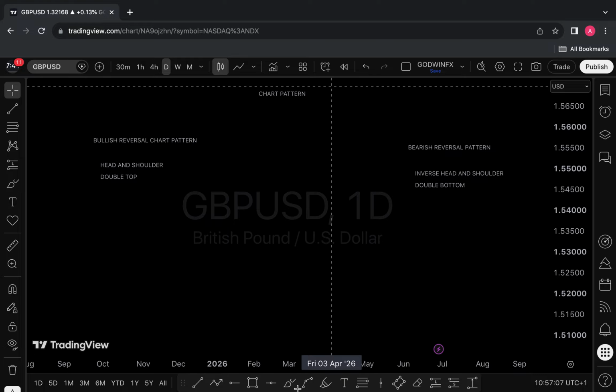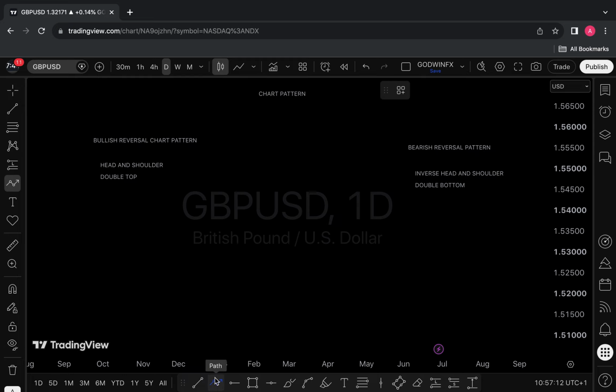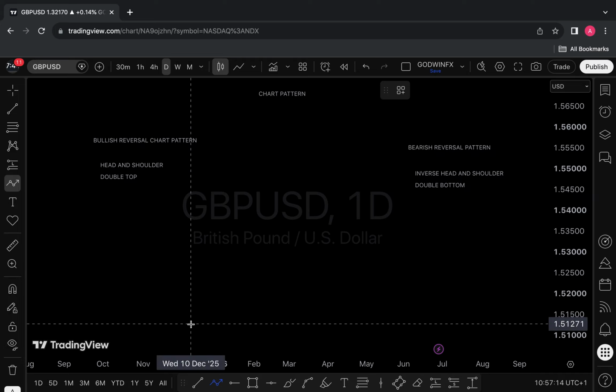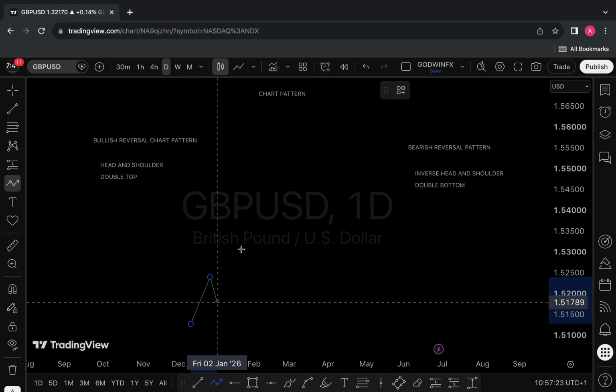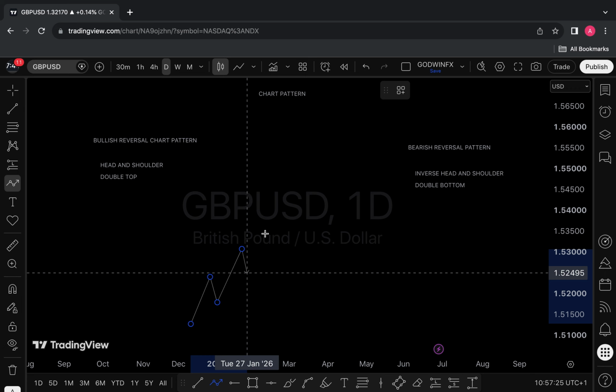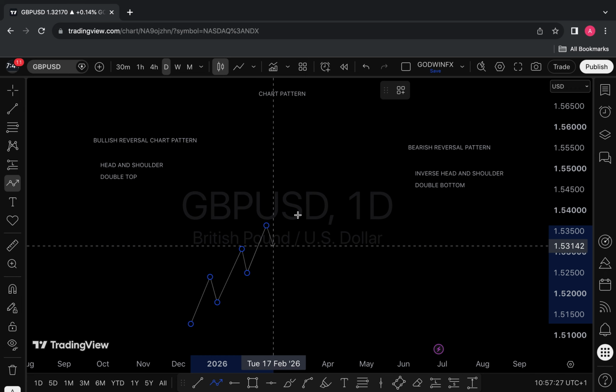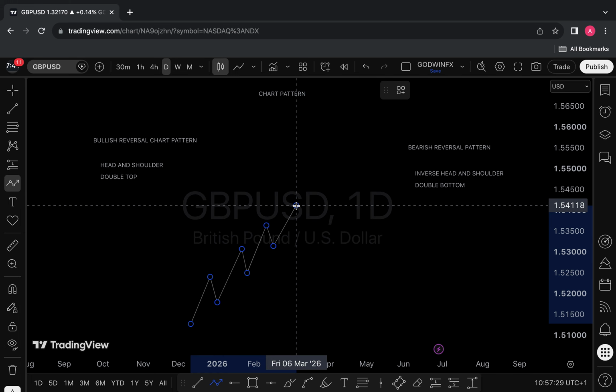For instance, we all know that price cannot just keep moving in a single direction. If we have an uptrend, we have a series of higher highs and higher lows. When the market is on an uptrend, higher lows are meant to be respected, not violated, while higher highs are meant to be violated.